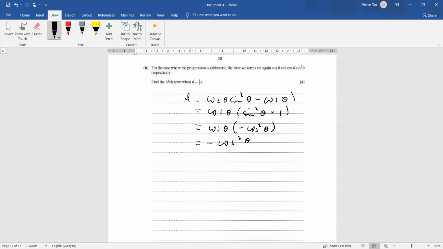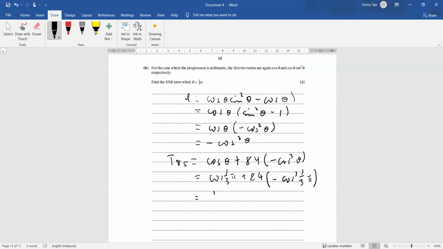So you're asked to find the 85th term, which will be the first term plus 84 times the difference. Plus 1 over 3 plus 84 times minus cos cube 1 over 3 pi.